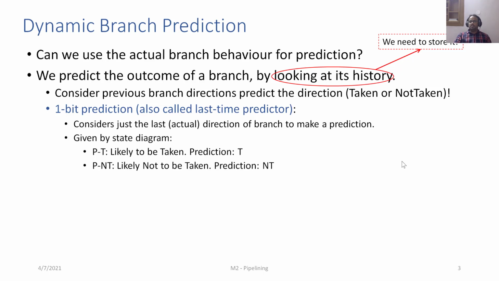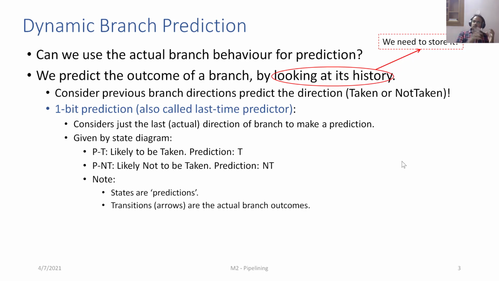When the predictor is in PT state, it would predict as taken, and PNT is likely not to be taken, and the prediction is not taken. And a quick note here, the states are actually the predictions, and the transitions among the states happen based on the actual branch outcomes. Let's look at the one bit predictor's diagram now.